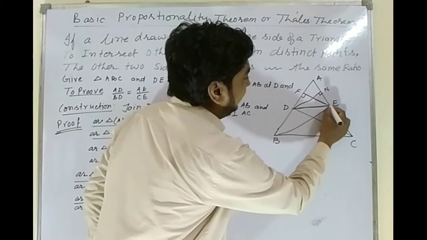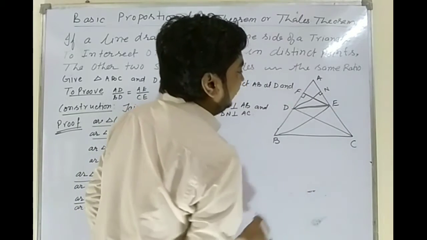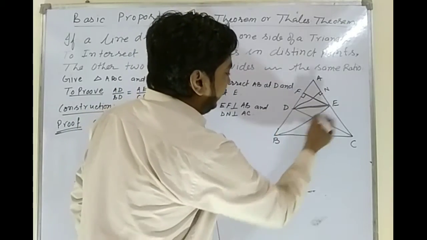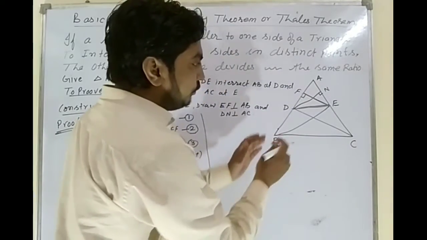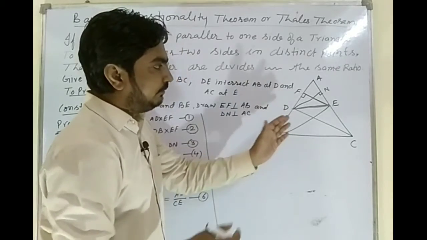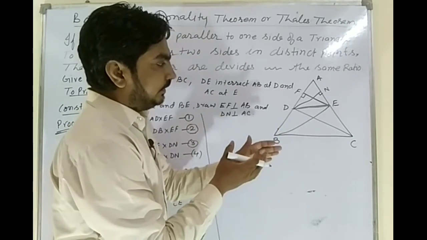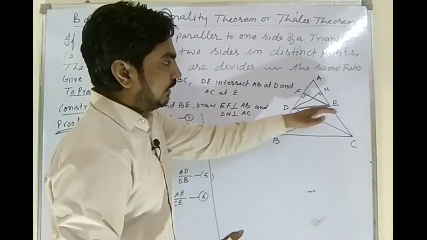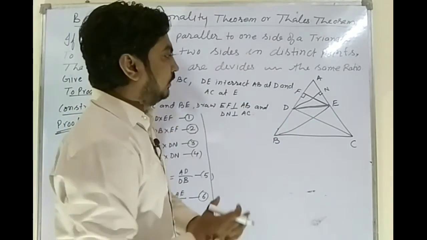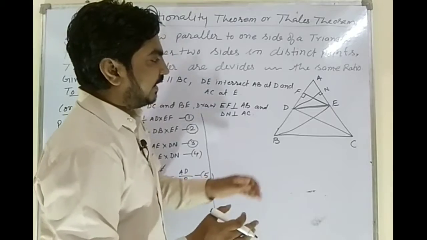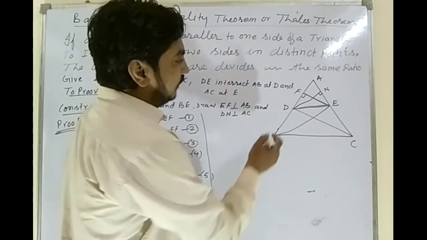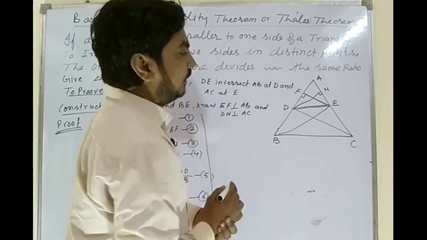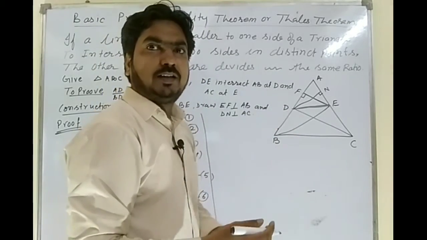DE is the base, and DE is parallel to BC. So these two triangles are on the same base DE and between the same parallels DE and BC. So we can say that the areas of DBE and DCE are equal. This we have learned in 9th class.